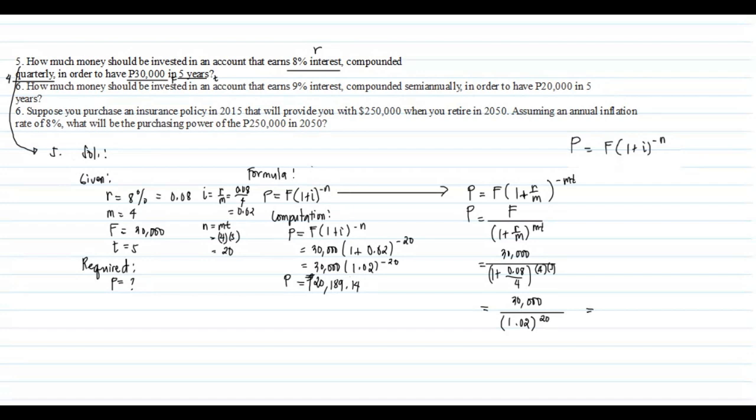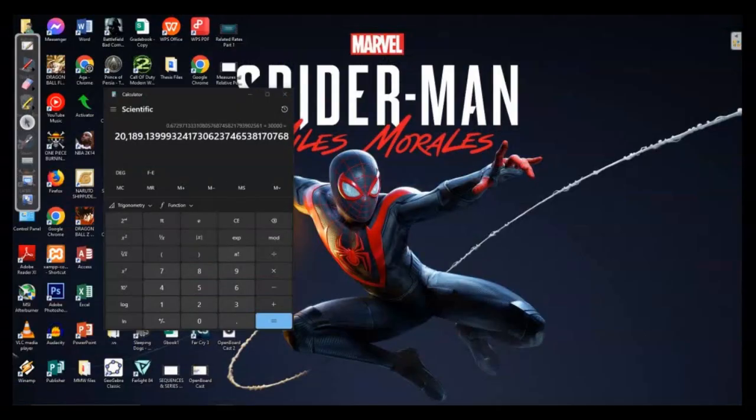So we could just have 30,000 and then get whichever value we get from 1.02 raised to 20. So yung 1.02 raised to 20, kanina yun.